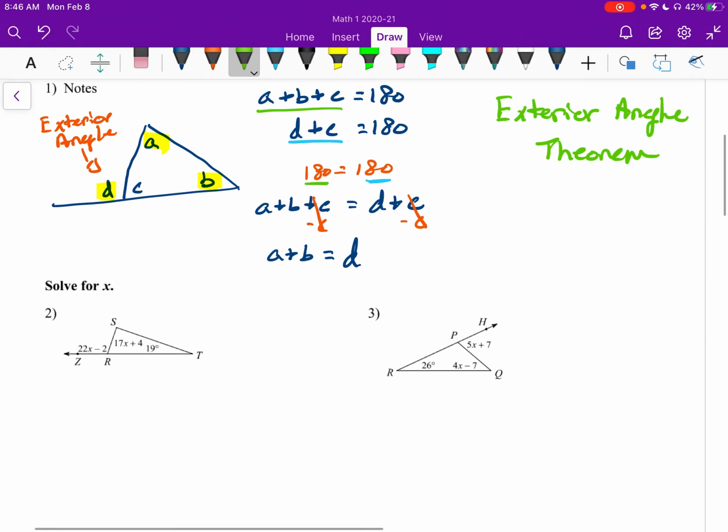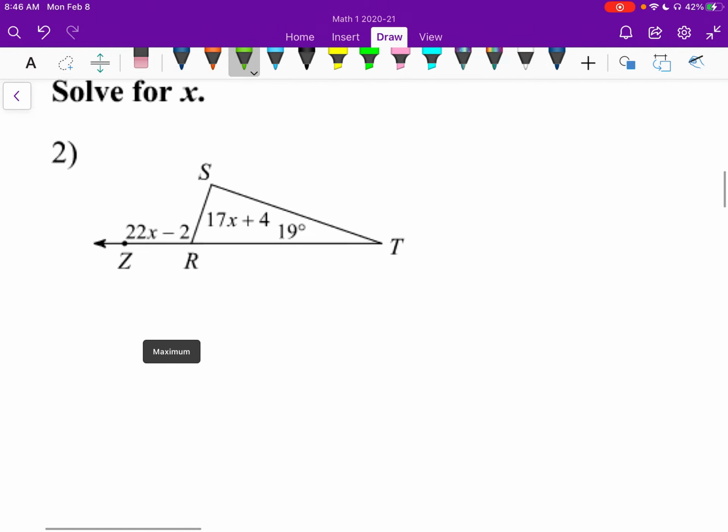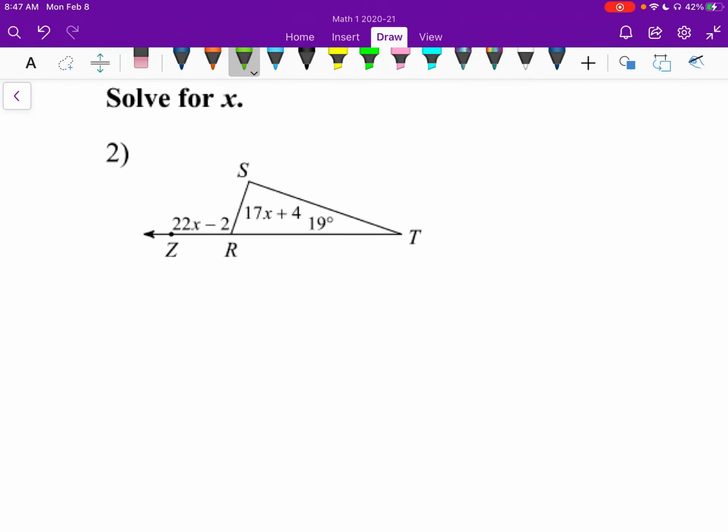All right, so let's look at some examples here. Number 2, here's my exterior angle. The angle that it pairs with is right there, and it's not listed. But we have this angle up here and this angle over here. So we're going to use the 17x plus 4 angle and the 19-degree angle.